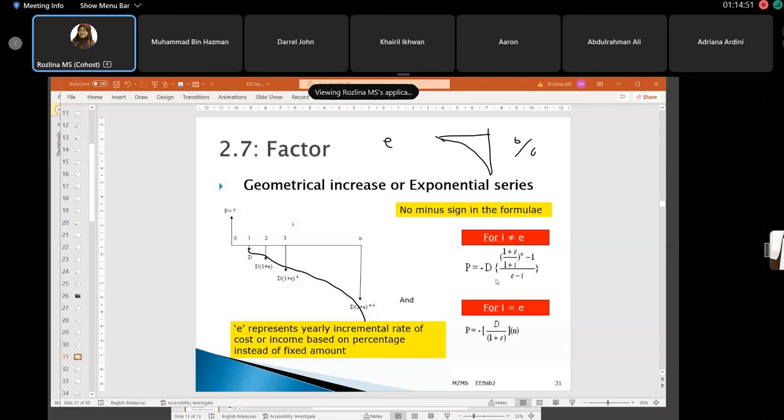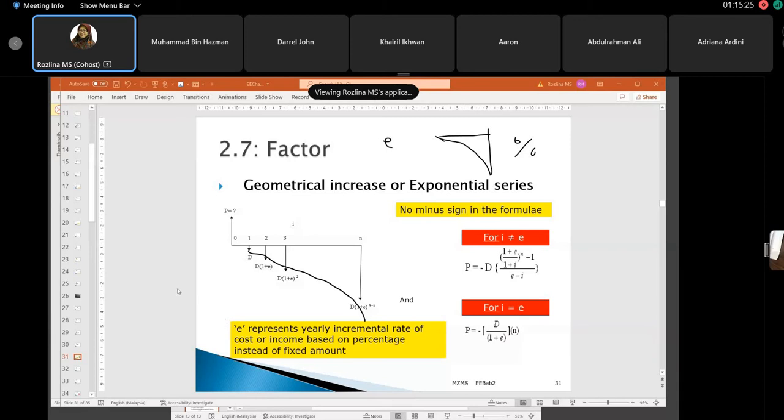No exponential case. So that means you have to use the formula. So, okay, this is the formula. And if the interest and the incremental are the same value, you just use this simpler form. Though I say simple, it is not that simple, but simpler compared to this one. Just use this one. P equal to minus D over 1 plus E times N.